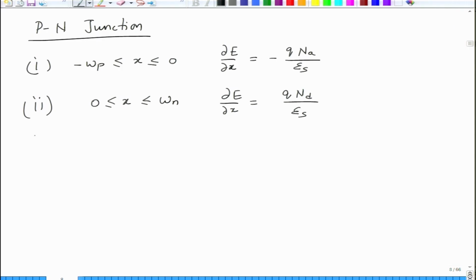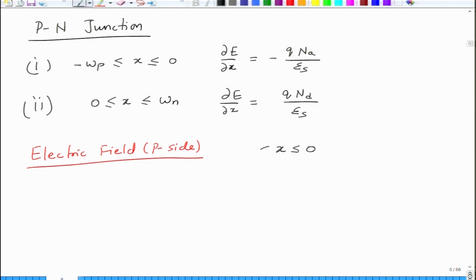Now, if you look at the electric field on the p side, this is p side, and this is on n side.